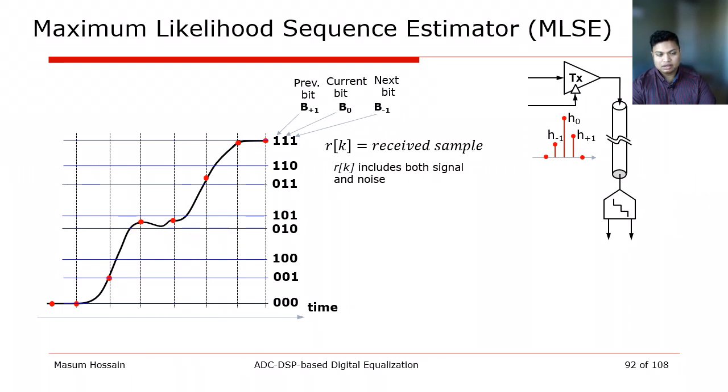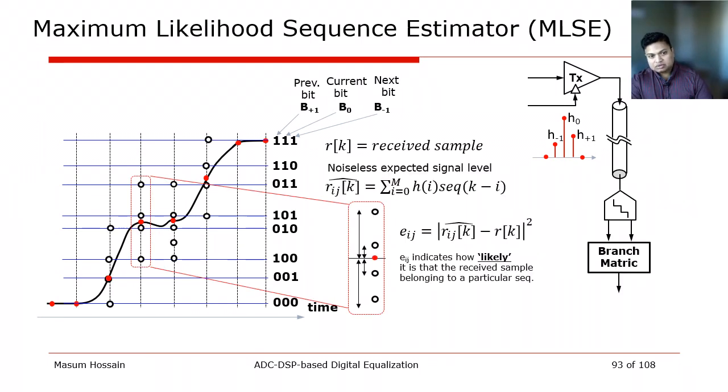But we can still say that the closer these red dots are to their constellation points, the more likely they belong to that sequence. For example, this red dot here is most likely to be 0, 1, 1, and this bit is actually 1.